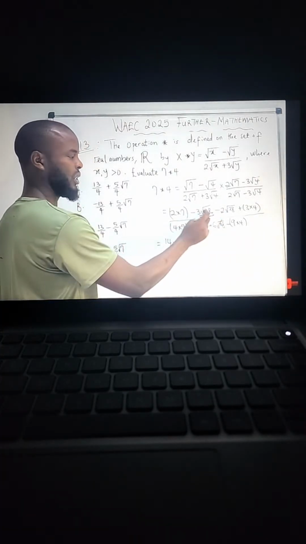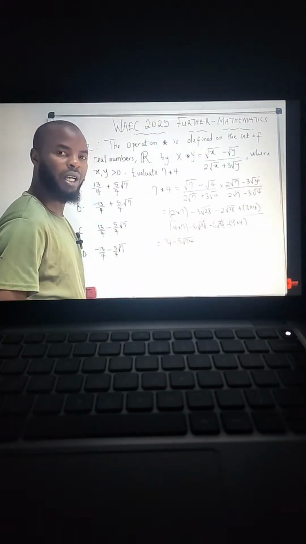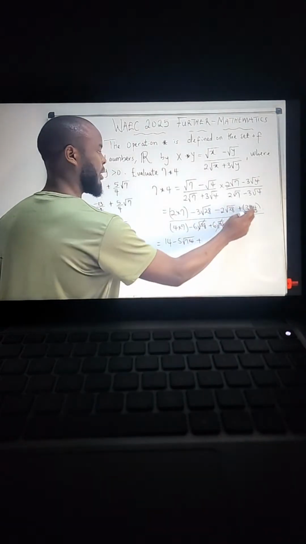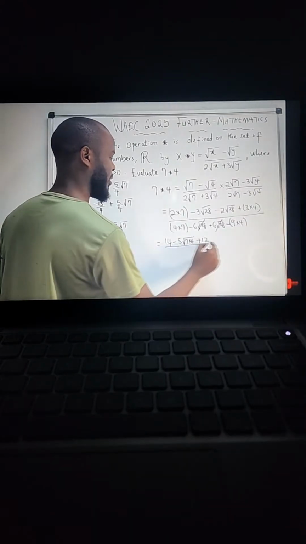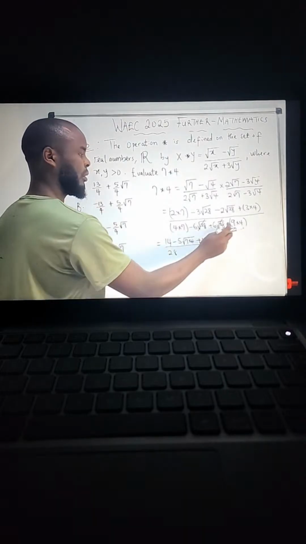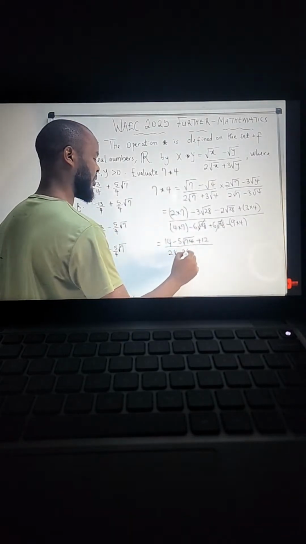These are just coefficients, so you can add up the values together. So plus 3 times 4, which is 12, divided by 4 times 7, 28, minus 9 times 4, which is 36.